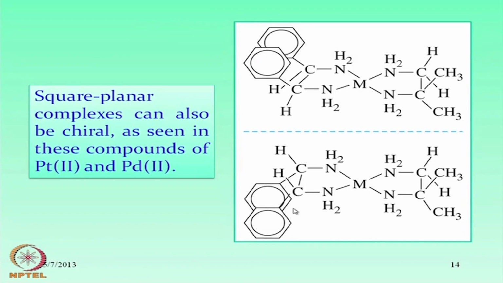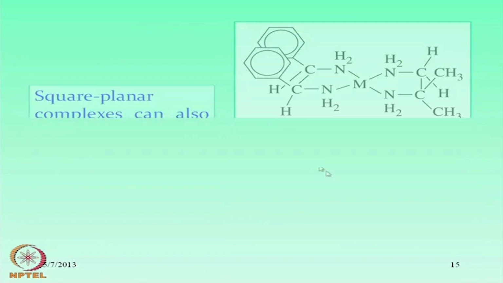They can also be chiral, provided that we have different orientations of the groups attached to this particular carbon center related to that of our ethylenediamine molecule.